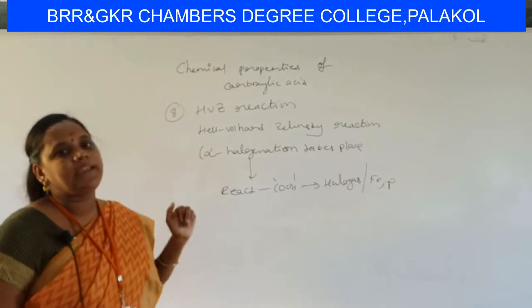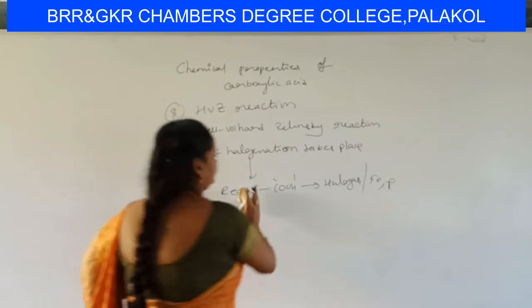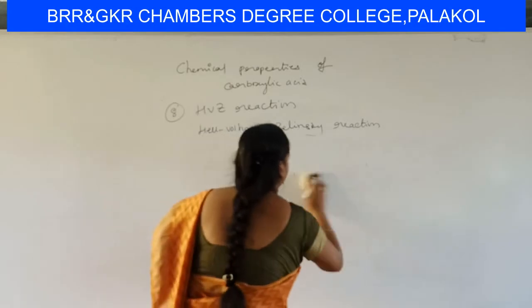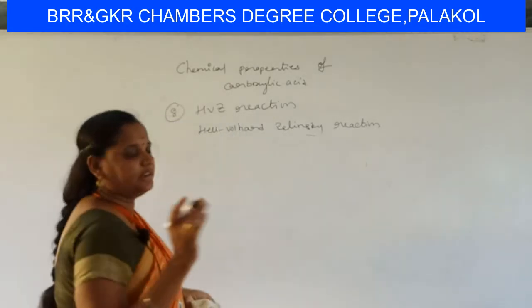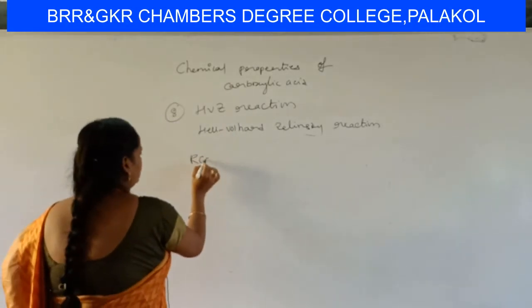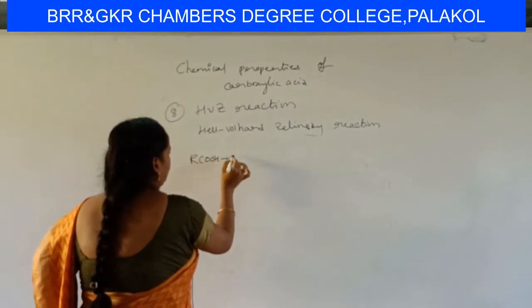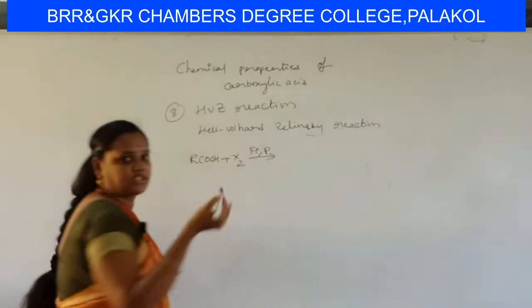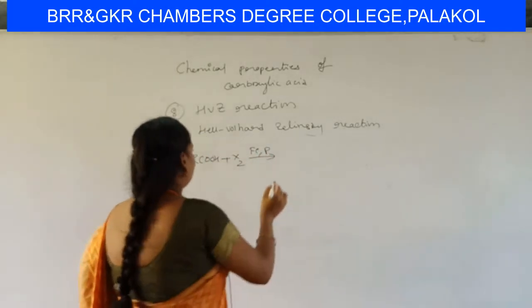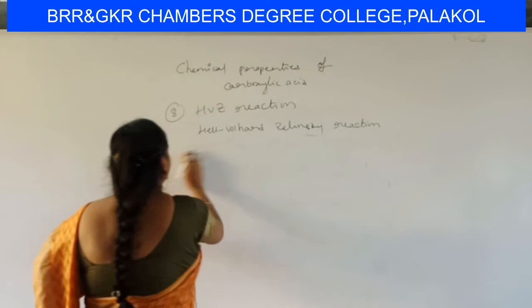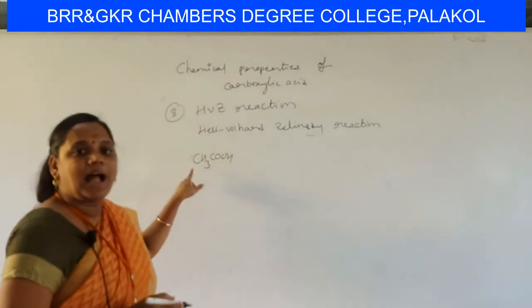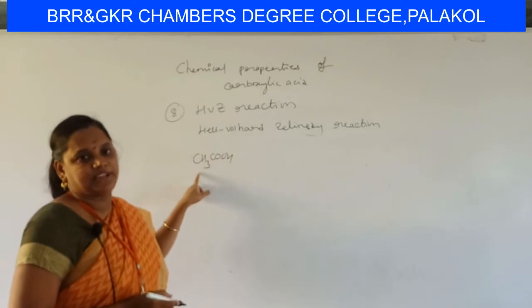Let us write the equation for that. For example, if you take RCOOH plus X2 in the presence of iron or phosphorus as catalyst, let me write it with acetic acid, so that you will understand, because alpha halogenation is taking place.